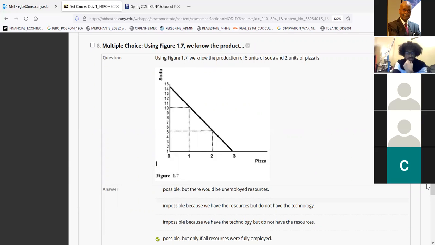Let me put it this way. Let me ask you this question. Is it possible for you to own 30 pairs of shoes and 40 pairs of pants? Is it possible?